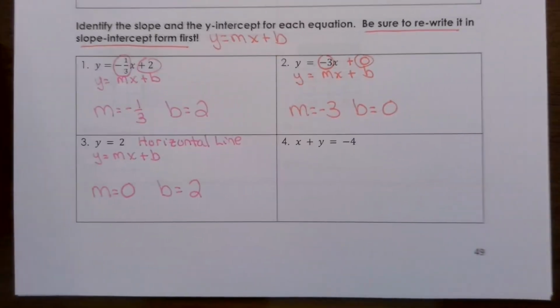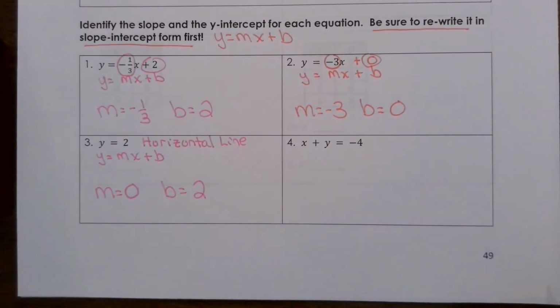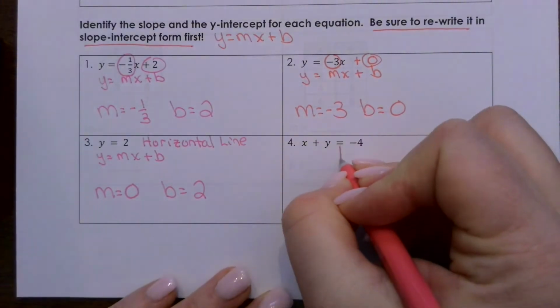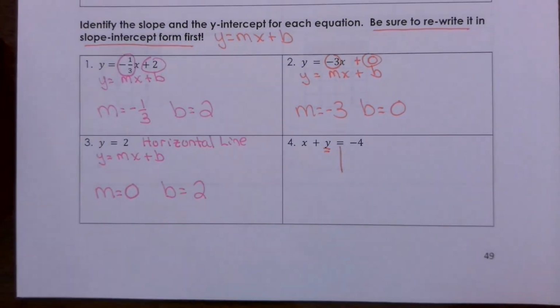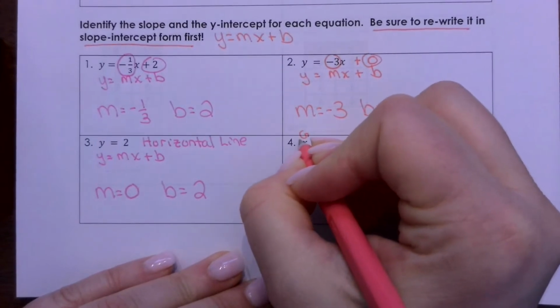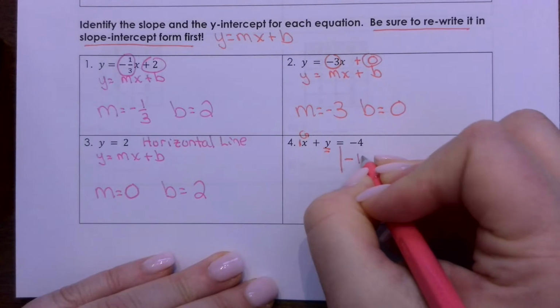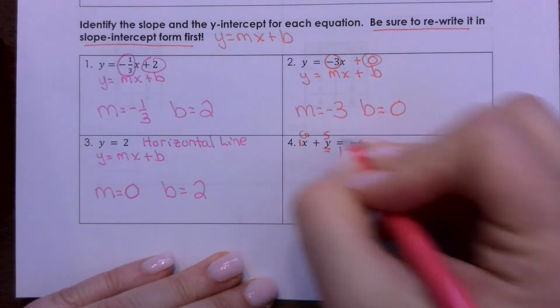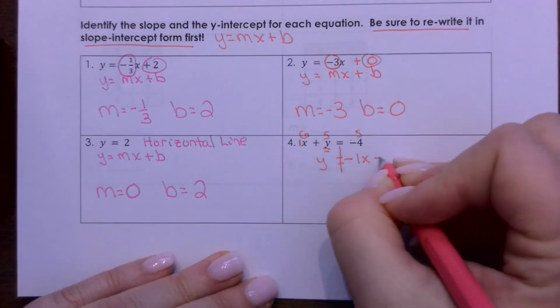Okay, if I look at number 4, it is not in y equals mx plus b, or slope-intercept format. So I'm going to use a little stay and go. Remember, I want y to be isolated. We called it function format. So this is going to go, remember that's a 1, so it's going to go over as negative 1x. This will stay positive, and this will stay as minus 4.